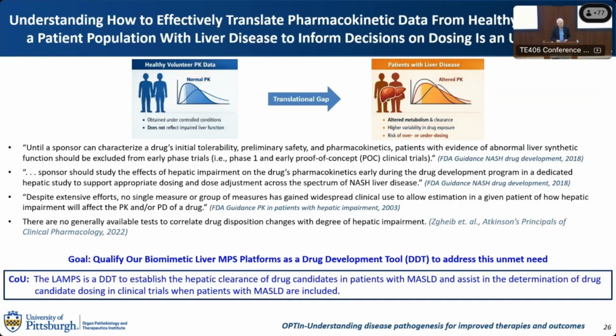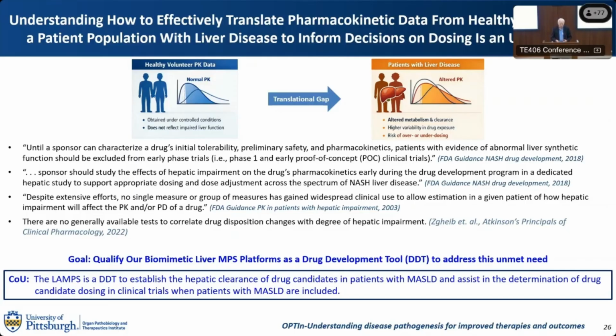Because as you know, the liver is a major organ of metabolism. It also will help determine what the blood plasma levels are. And patients with hepatic impairment or liver disease can have impaired metabolism, which can potentially lead to increased and potentially toxic levels in the blood.